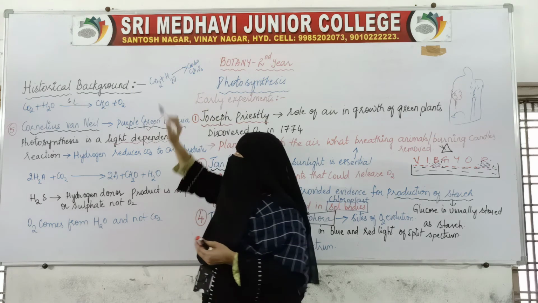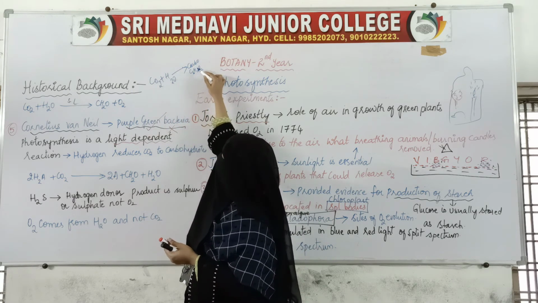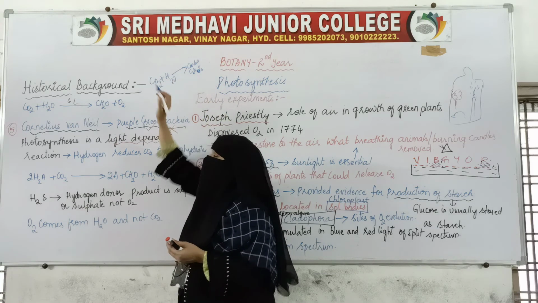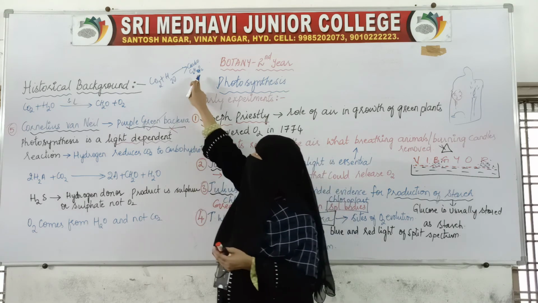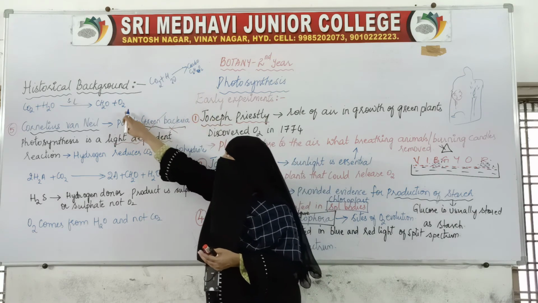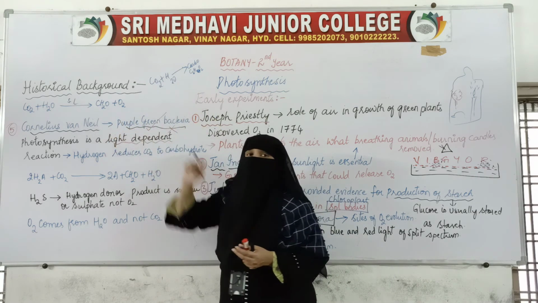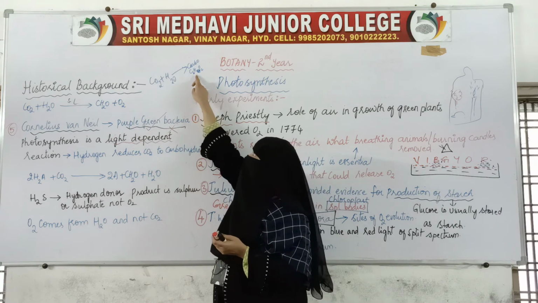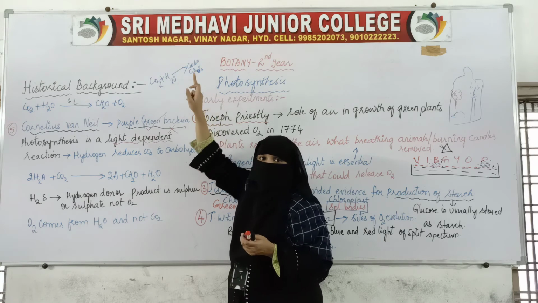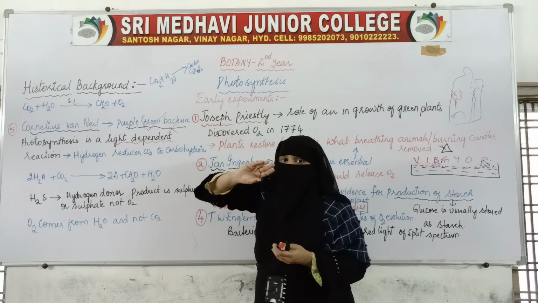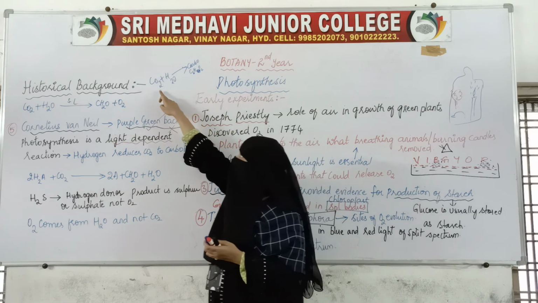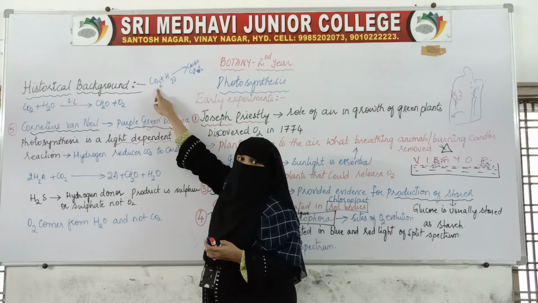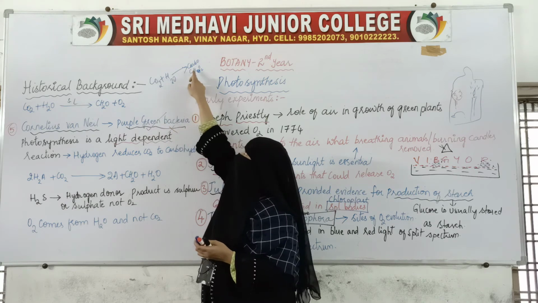So the hydrogens which are given for the formation of carbohydrate are from the water. Water is giving the hydrogen to carbon dioxide, and because of which carbohydrates are formed.